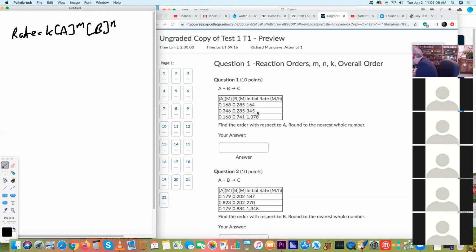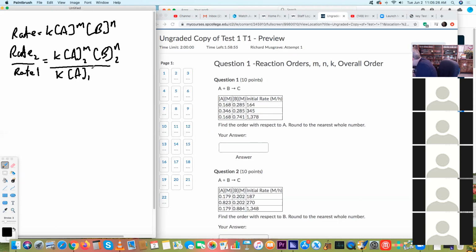And I would do rate 2 over rate 1 because rate 2 is bigger. Now, as I said, in reactions 1 and 2, B is the same, so those are going to end up cancelling. The k's will end up cancelling. The rates are going to look like this.